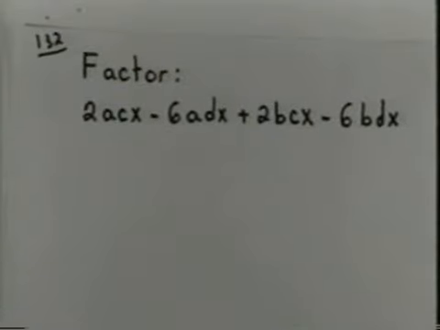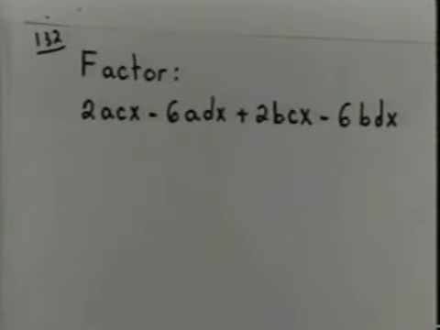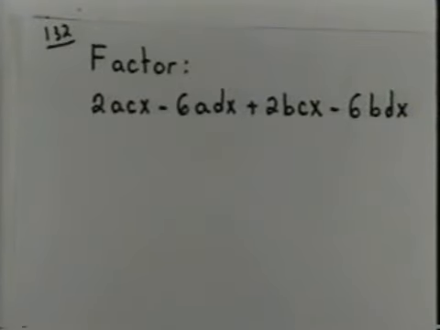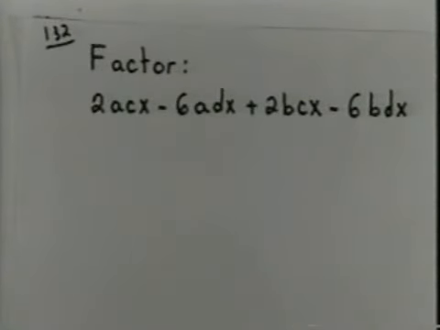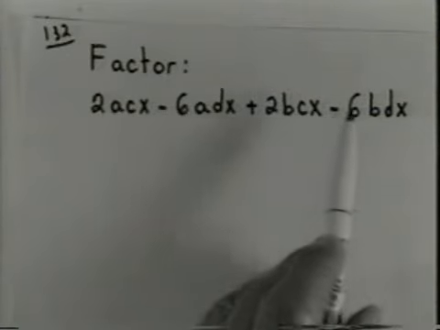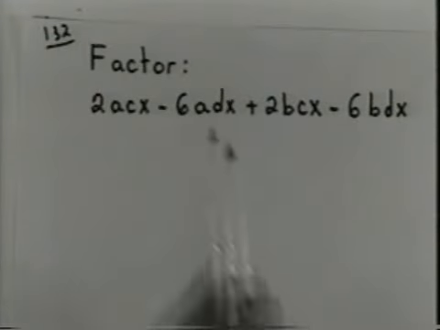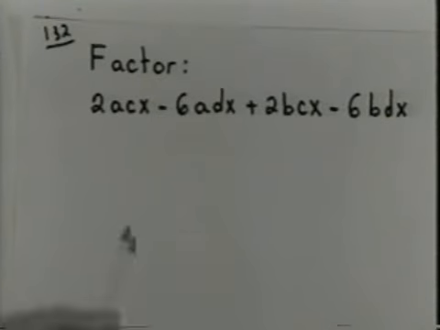Let's look at another one that looks to be a bear, but is really not. The first thing we want to do is to take out a common factor. Notice that 2 will go into all the terms, and all of them have an x. That's all they have in common.